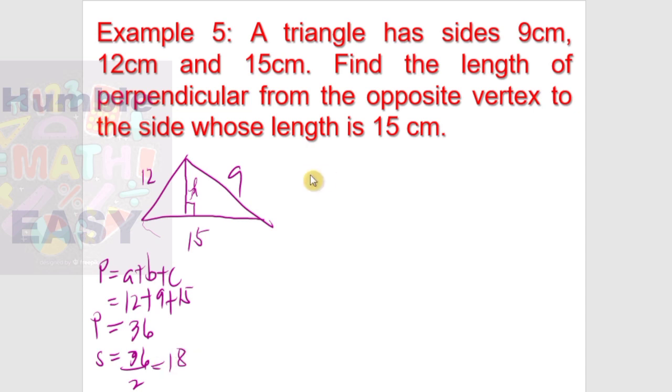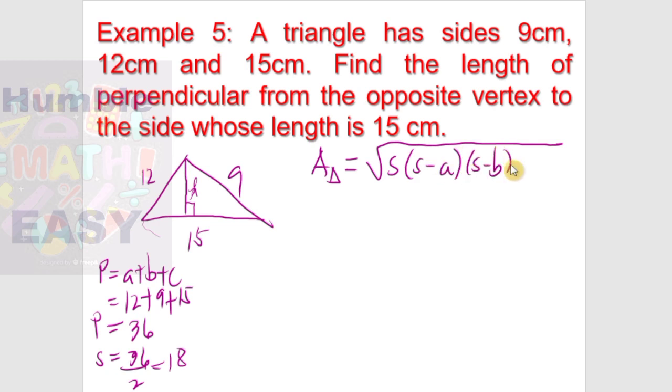So what we have now is the area of a triangle through the use of Heron's: S times S minus A times S minus B times S minus C.